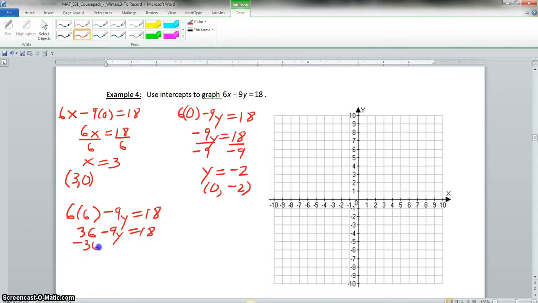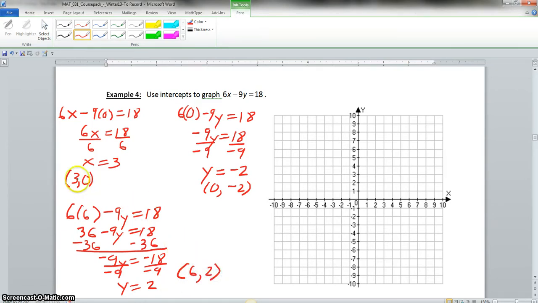We can subtract 36 on both sides, and we will have negative 9y is equal to negative 18. We divide each side by negative 9, and y will equal 2. So now this ordered pair would be 6 for x and 2 for y.